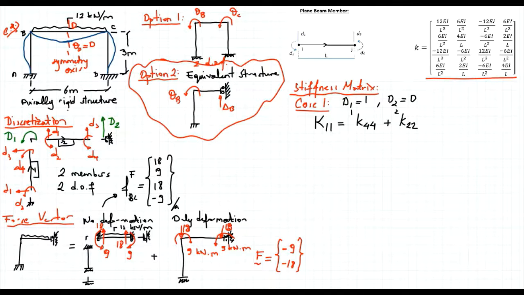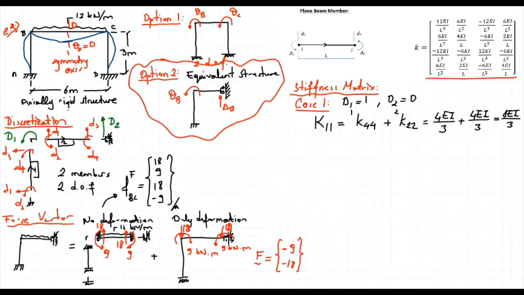Now I can determine their magnitudes. So K44 is 4EI over L. L is equal to 3. So this is 4EI over 3 plus the contribution coming from the second member is also 4EI over 3. And the total resistance for the whole structure is equal to 8EI over 3.